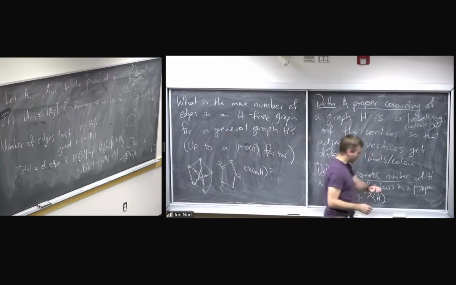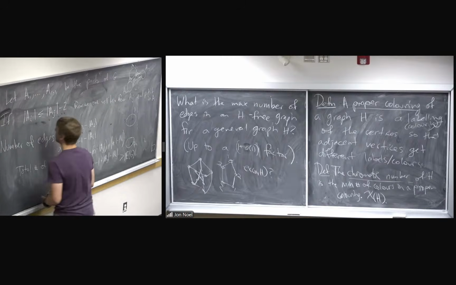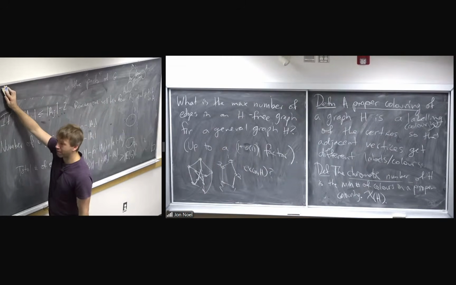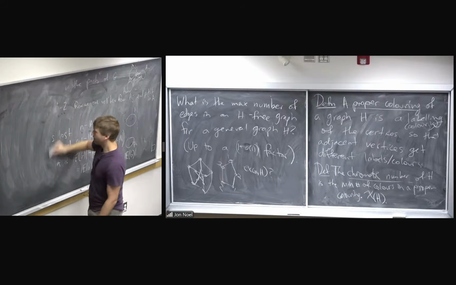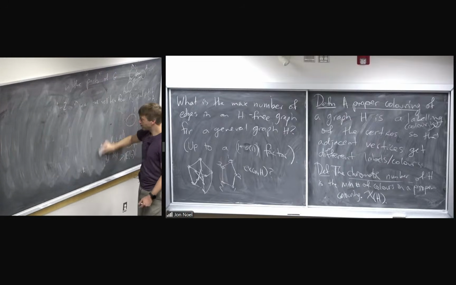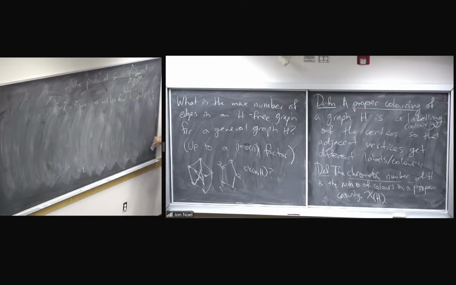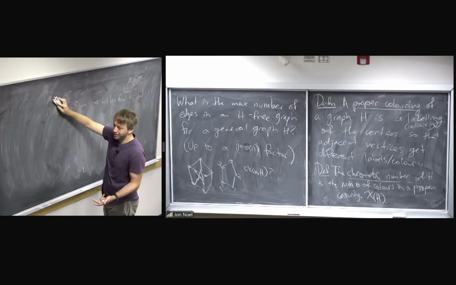Yeah, so actually there's a kind of natural construction for any graph of chromatic number r, let's say. If I wanted to get a lower bound on the extremal number, I could just take a complete r minus 1 partite graph, just like we did before.